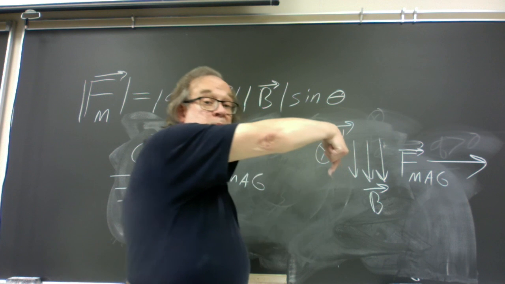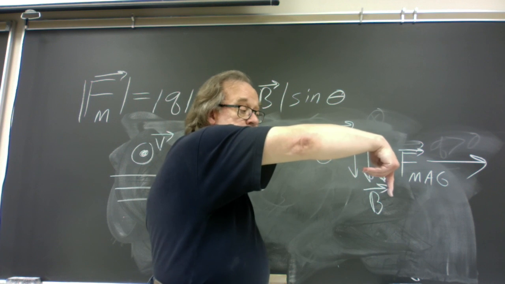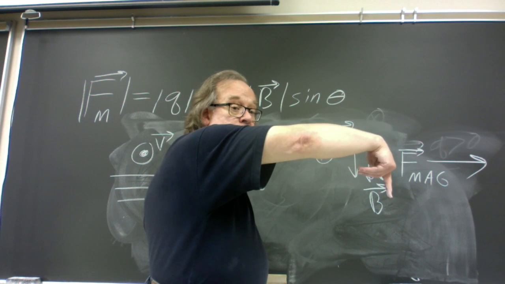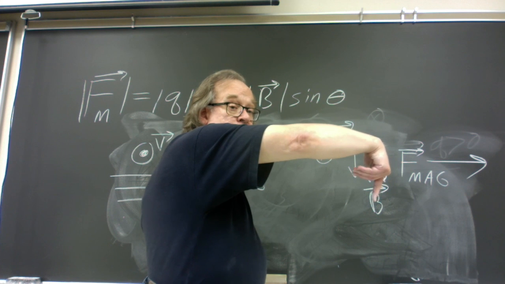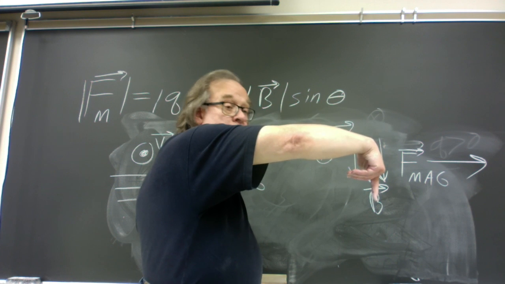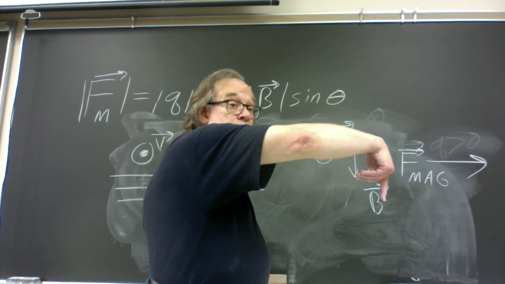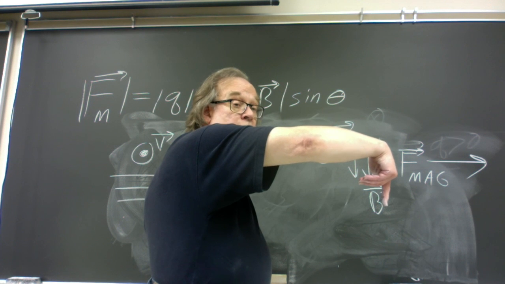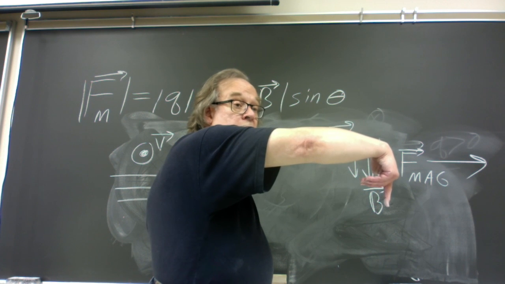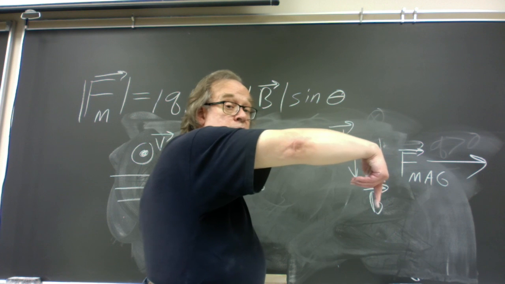Thumb points into the blackboard for the velocity direction, and I rotate the fingers so they're perpendicular to thumb and index finger. And now those fingers point to the left. So that is the direction to the left of force on a positive charge.